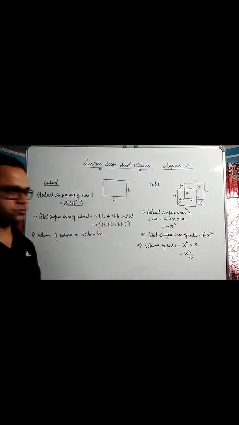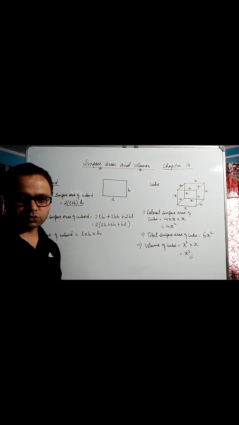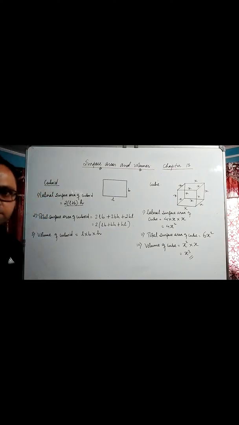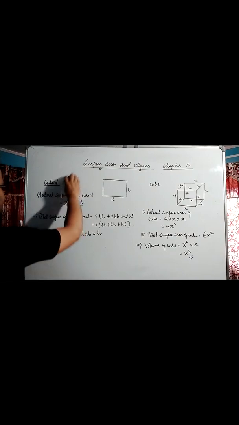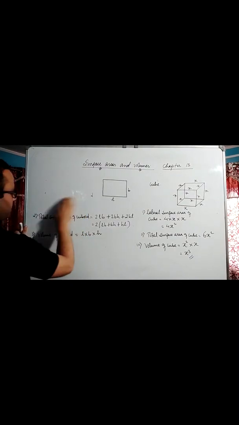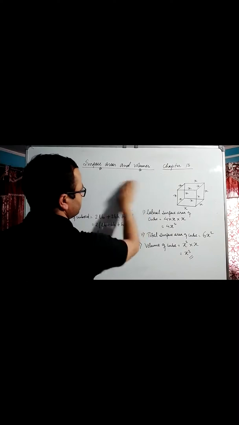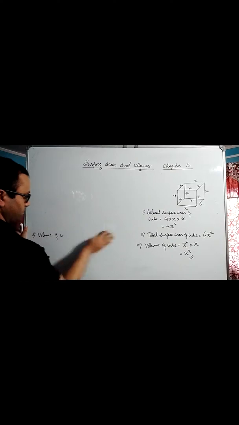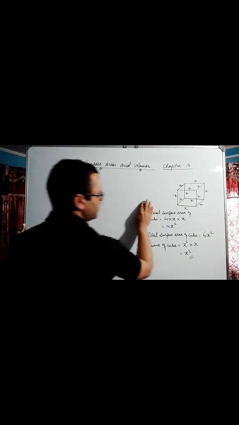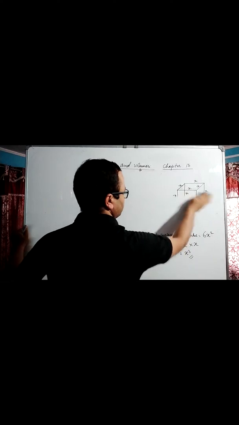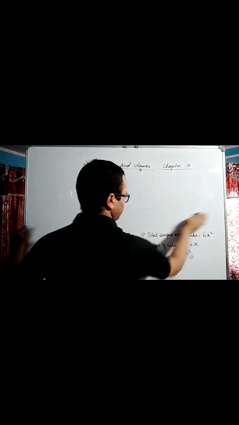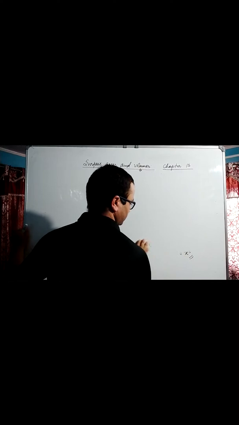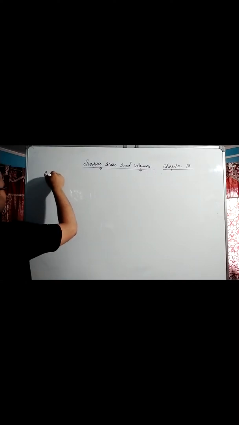Now next is the volume of a right circular cylinder.